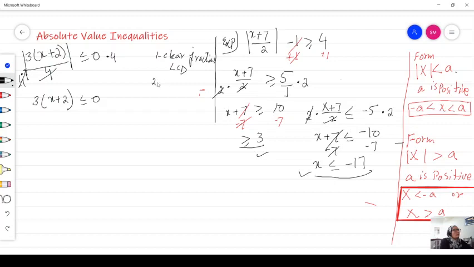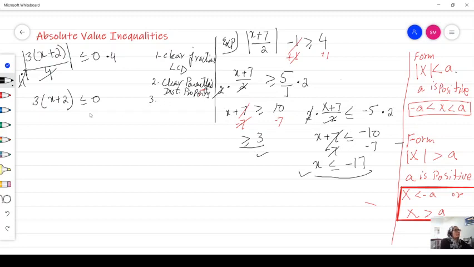Now the second step is always clear your parentheses. I already wrote down these in one of the videos for equations, but I'm just doing it again in case you haven't watched that. So clear parentheses by using the distributive property.